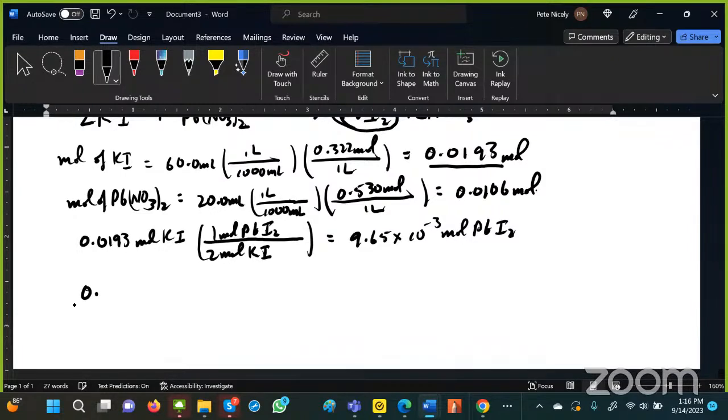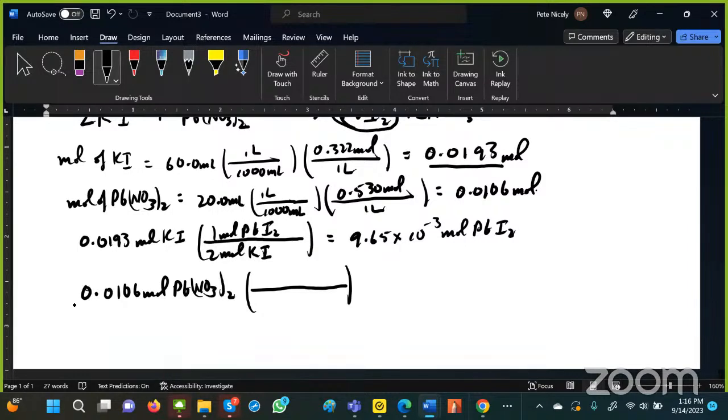Okay, the 0.0106 moles of Pb(NO3)2. So again, what would be the conversion factor in this case? What would go up top and what would go below? Right, because it's a 1-to-1 mole ratio between the lead-2 nitrate and the lead-2 iodide.